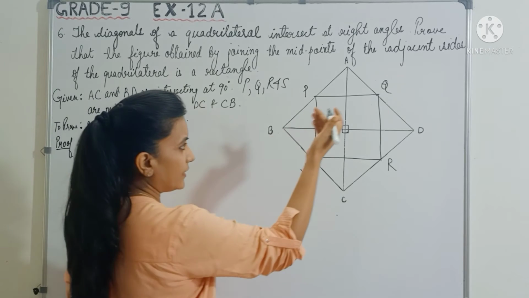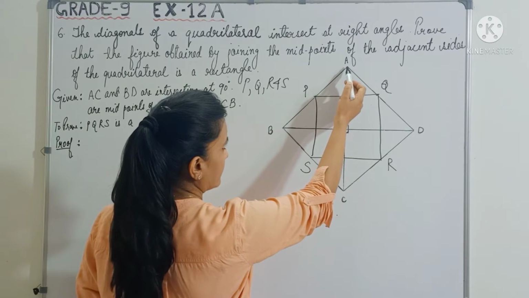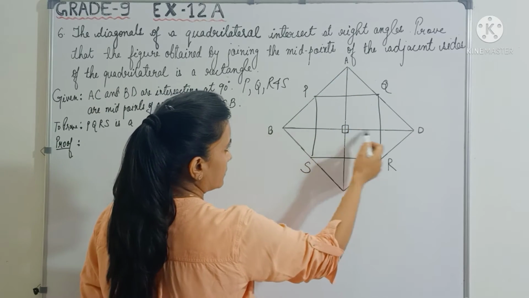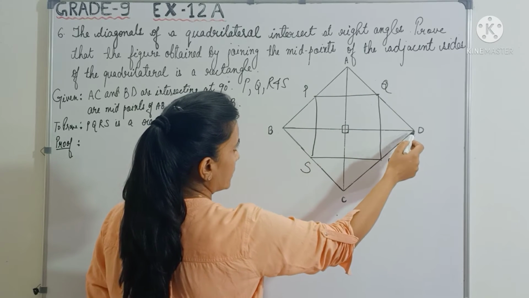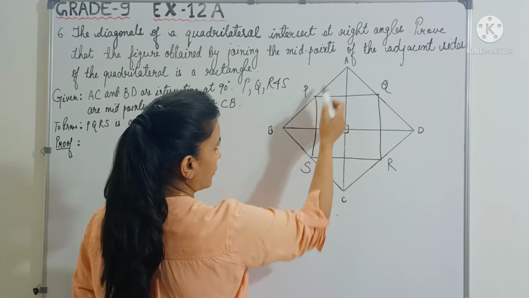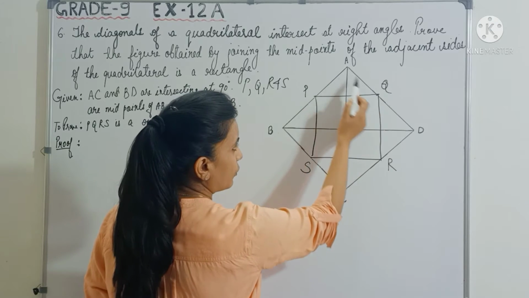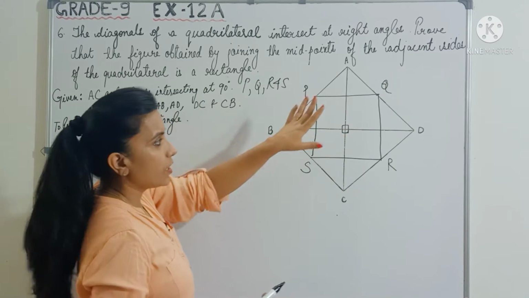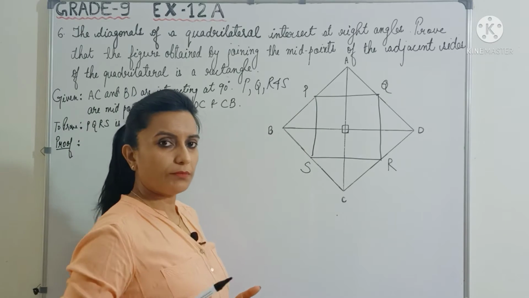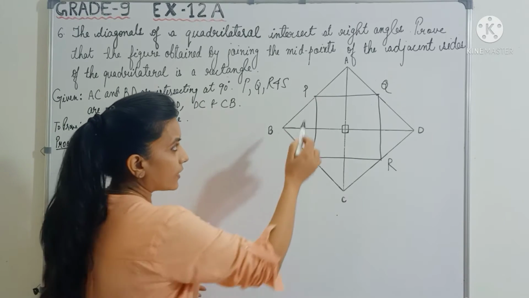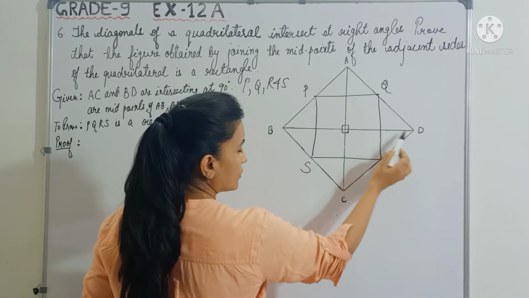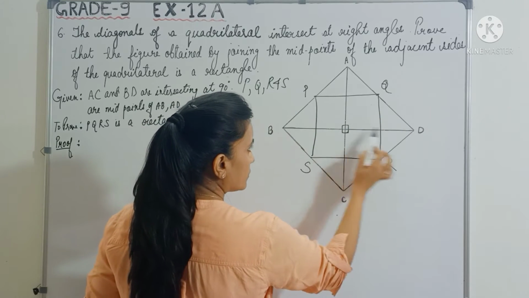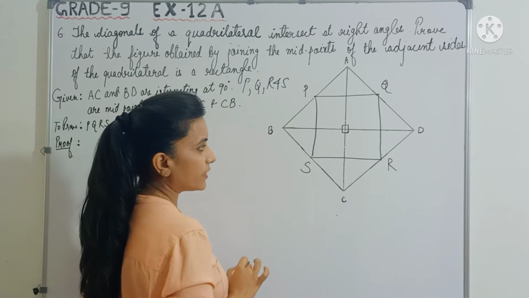You can take any triangle over here, let's say A, B, D. In this triangle you observe that P is the midpoint of AB and Q is the midpoint of AD. So two midpoints are given, and from the midpoint theorem, what can you conclude? That PQ will be parallel to BD and PQ will be equal to half of BD.